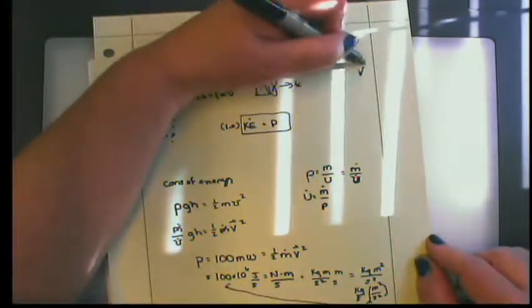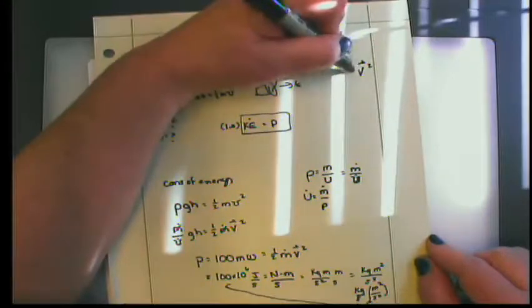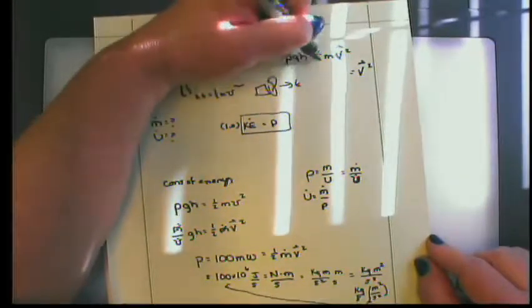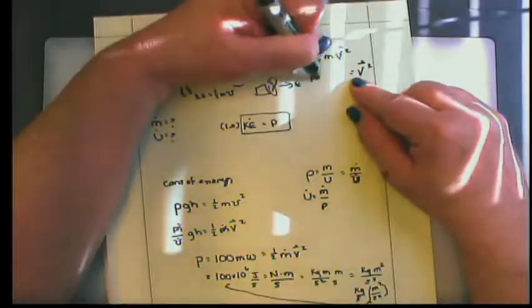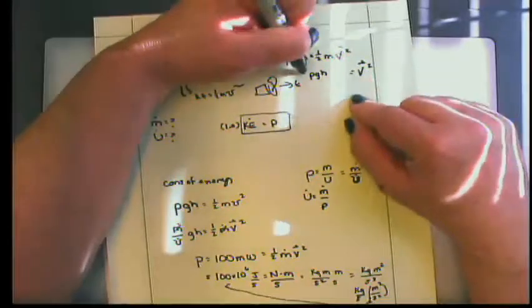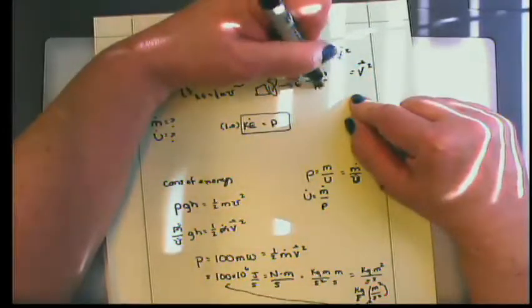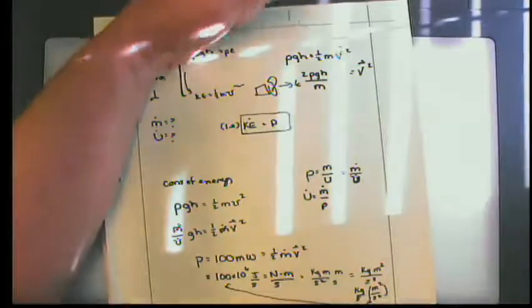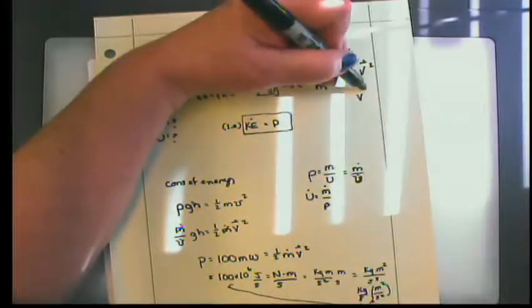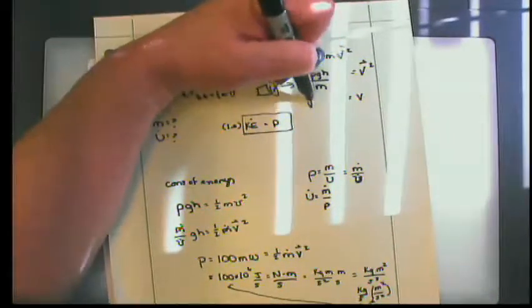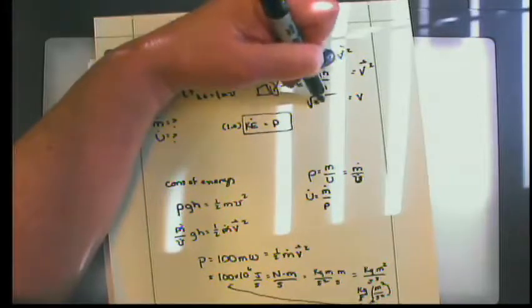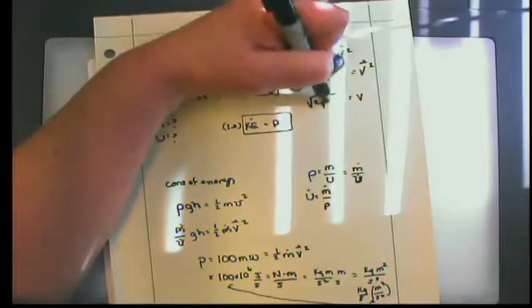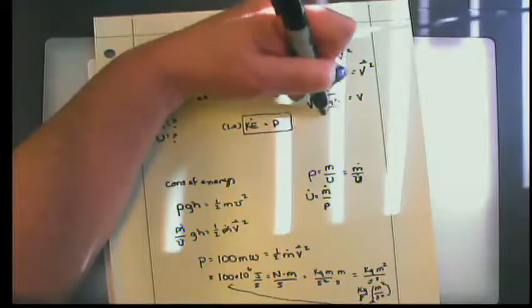So that means my v squared is going to be rho g h times 2 divided by mass, or v is going to equal the square root of 2 rho g h over m.